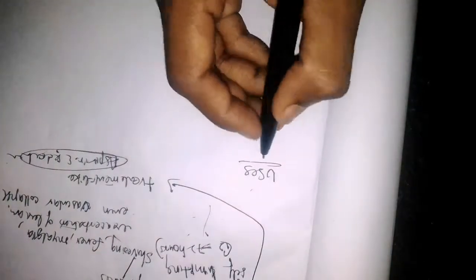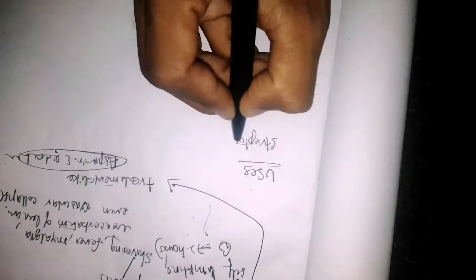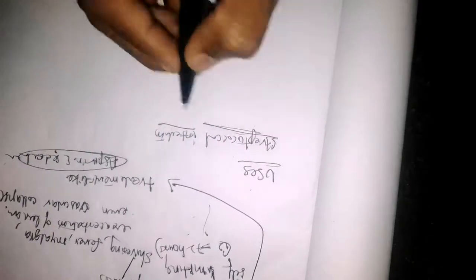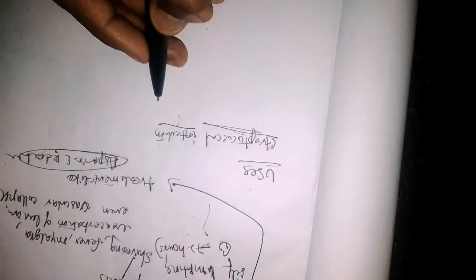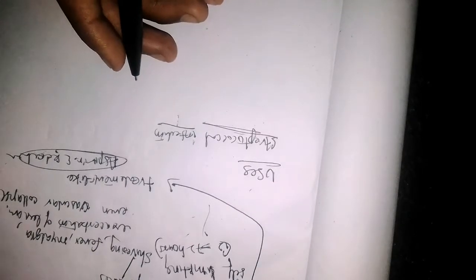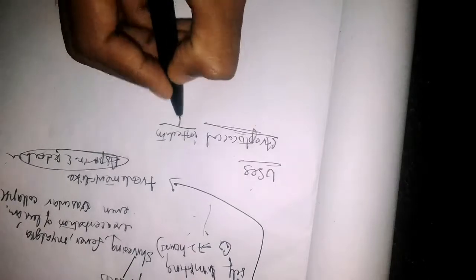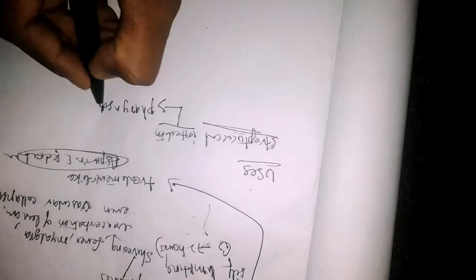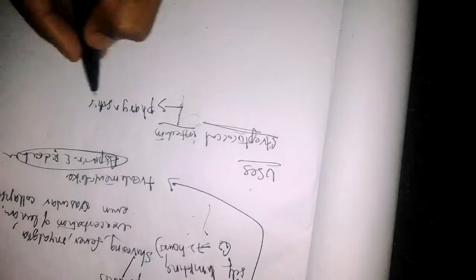Now the uses. In streptococcal infections, we can use penicillin G: pharyngitis, otitis media, scarlet fever, and rheumatic fever.